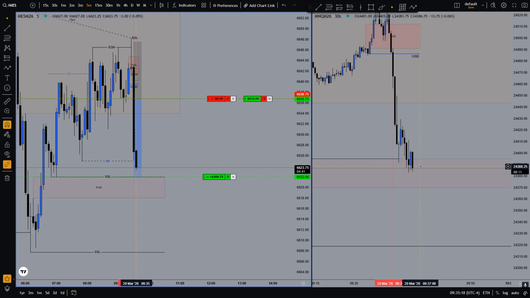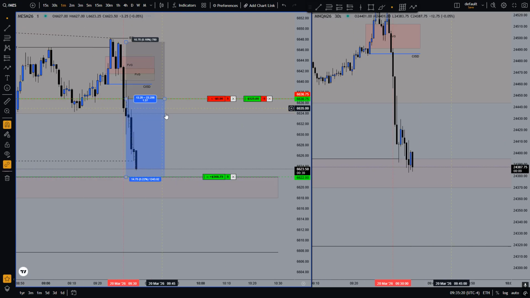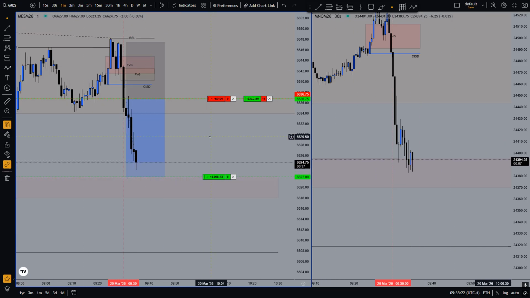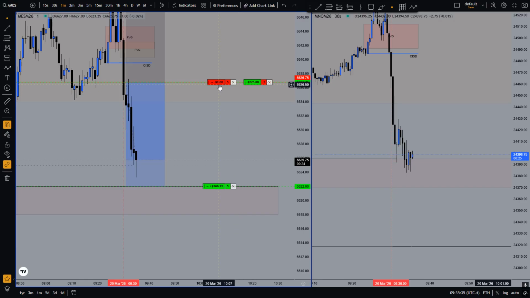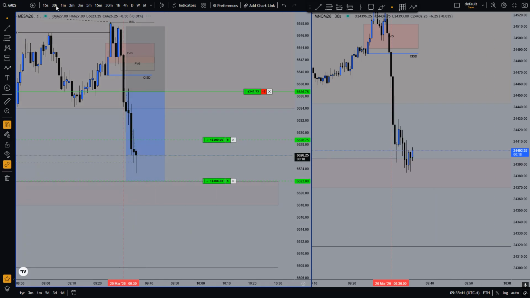NQ digs into this 15 minute gap a little bit. Gonna trail here.